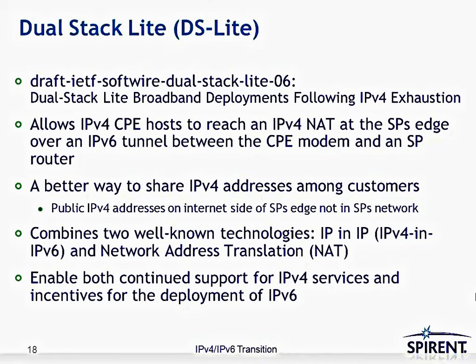It combines two well-known technologies, IP in IP, IP version 4 and IP version 6 tunnels in this example, and network address translation. It also enables both continued support for IP version 4 services and incentives for the deployment of IP version 6. Because if the service provider's backbone is already upgraded to IP version 6, it's a real good incentive for customer CPEs to do the same.